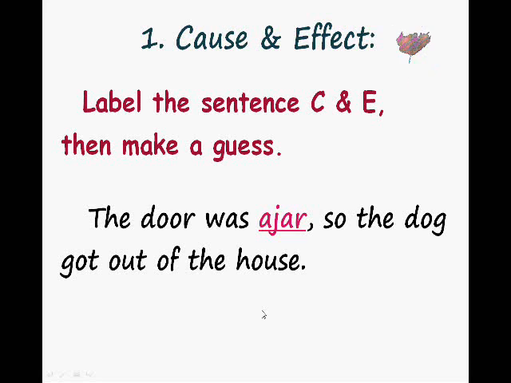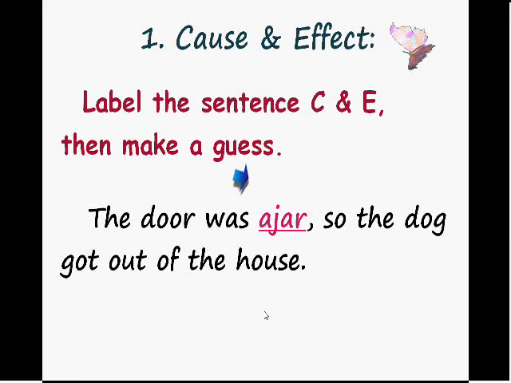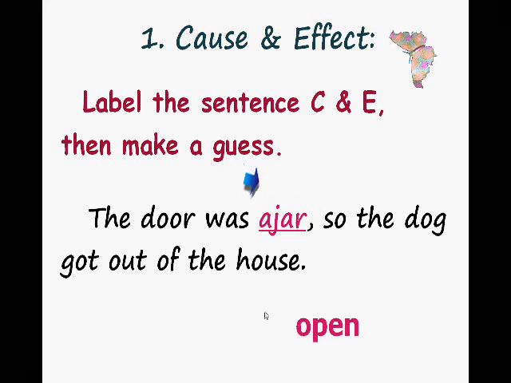Okay, so this is what we call cause and effect. So of course the word ajar would mean open. So this is our word which we would like to know the meaning of, ajar. Of course, the door should be open so that the dog can go out. The dog can't go out of the house if the door is closed. Yeah, he can go from the window, but this is something else. We are talking here about the door.